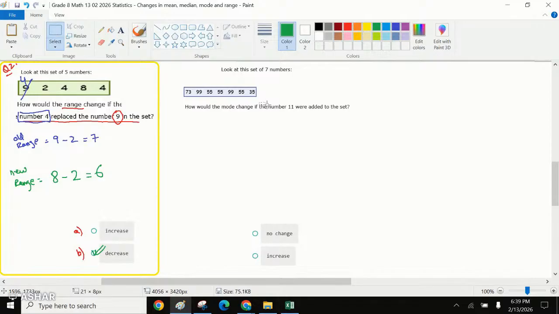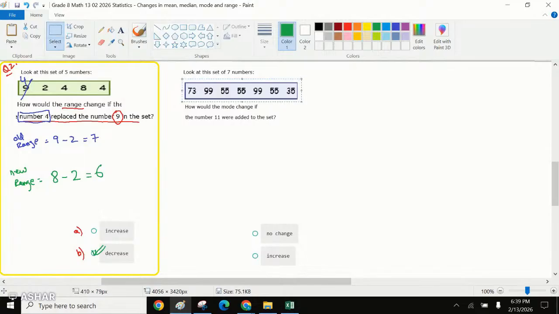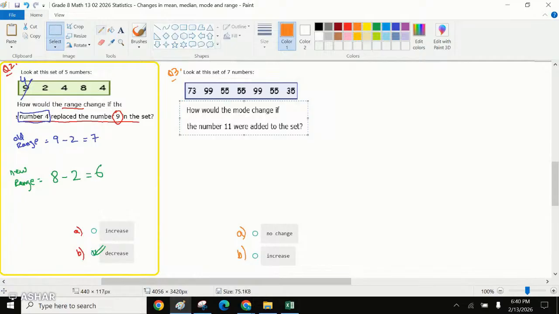If the number 11 were added to the set, we're not removing anything, we're just adding an additional number. This is our question number 3, option A, option B. Help me out with this, please. What would be the change in the mode if the number 11 were added to the set?